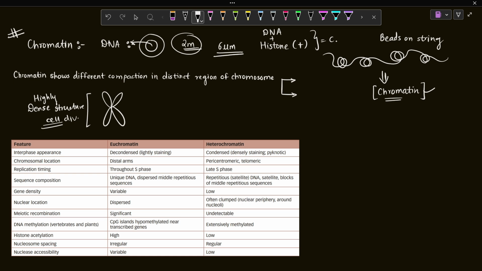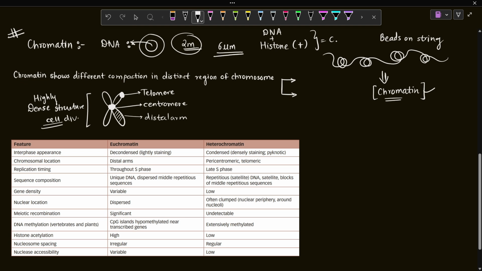In the different regions of the chromosome, the compaction of chromatin differs. It will be densely packed in this region, which is called the centromere. So in the centromeric region, it will be densely packed. In the telomeric region, it will be densely packed. But in the distal arm, it will be loosely packed.